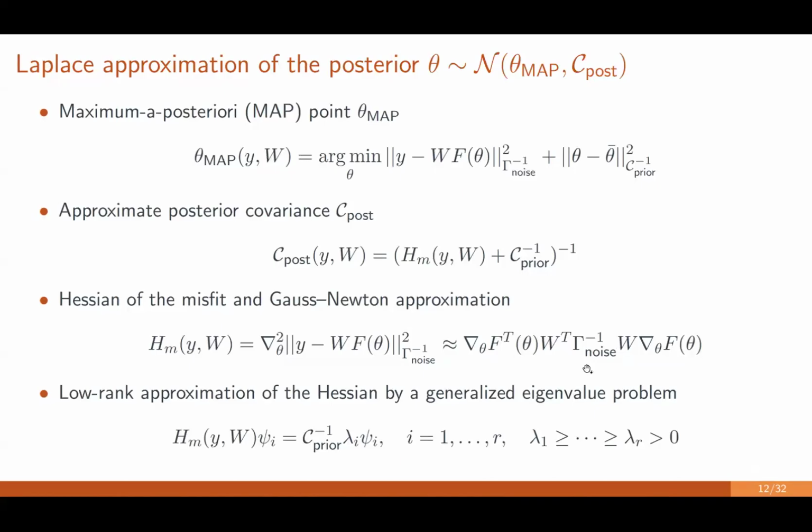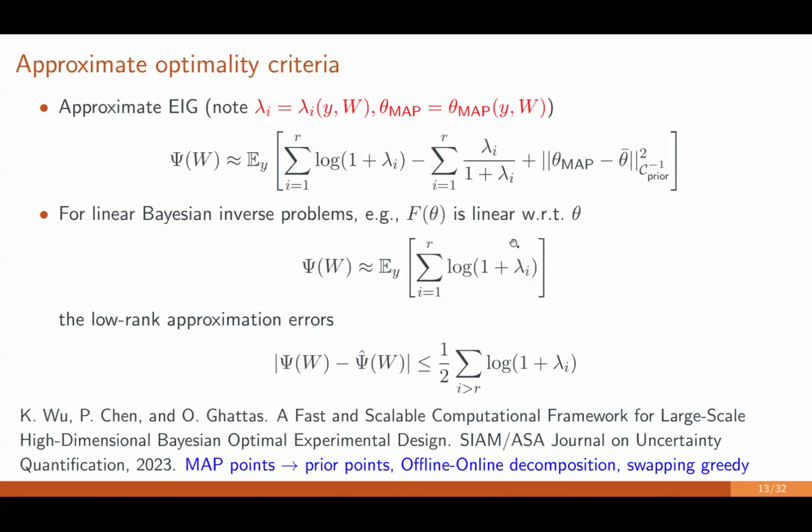So when you have this approximate explicit formula for the EIG, you can directly evaluate it. For linear Bayesian inverse problems, which have a linear map from the parameter to the observable, this boils down to the so-called D-optimality.